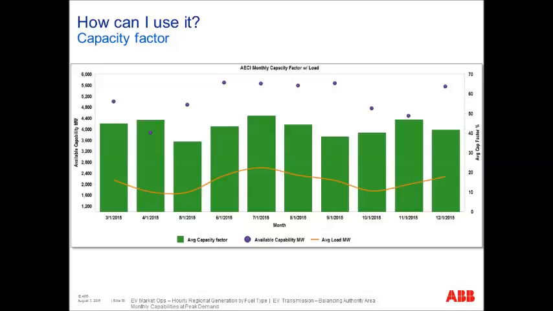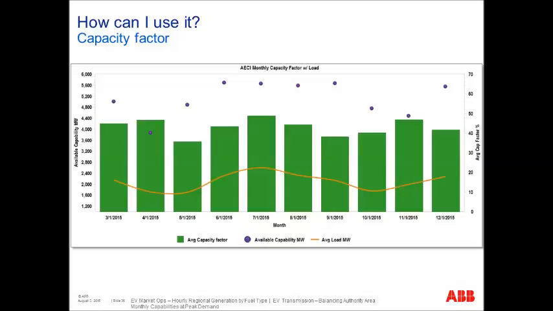Let's see. Here's a look. I got some of this data from the FERC 714, and that's what I'm using here for the available capacity numbers. What I really want to highlight here is that the available capacity is going to change from month to month, right? There are many different things that can cause this.